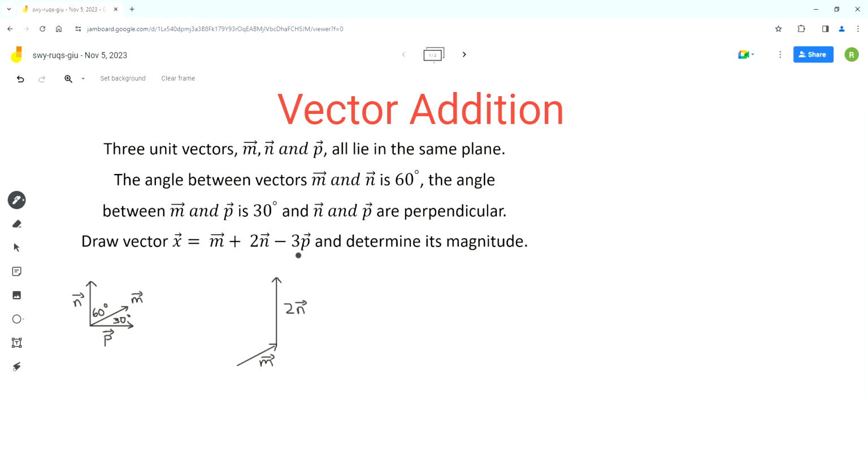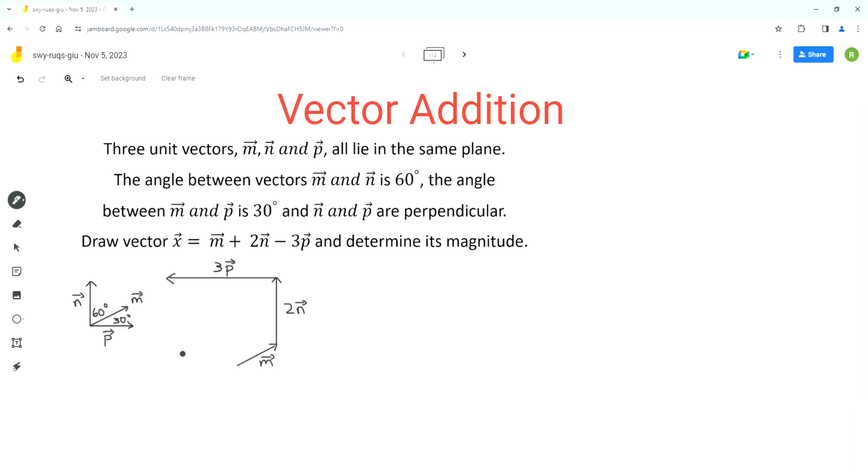So vector minus 3p will be 3 times the vector p but in the opposite direction because of the negative sign. So vector minus 3p can be drawn something like this. So 3 times the length of vector p, and it's going in the opposite direction.